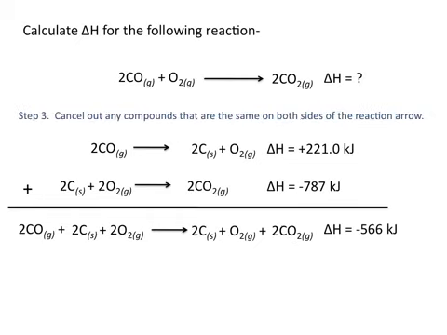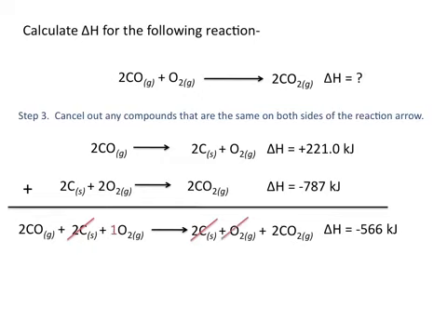But you'll notice that I have some compounds that are the same on both the reactant side and the product side. And so anything that's the same on both sides of the reaction arrow can be canceled out. So I can cancel out my 2 moles of carbon on both the reactant and the product side.